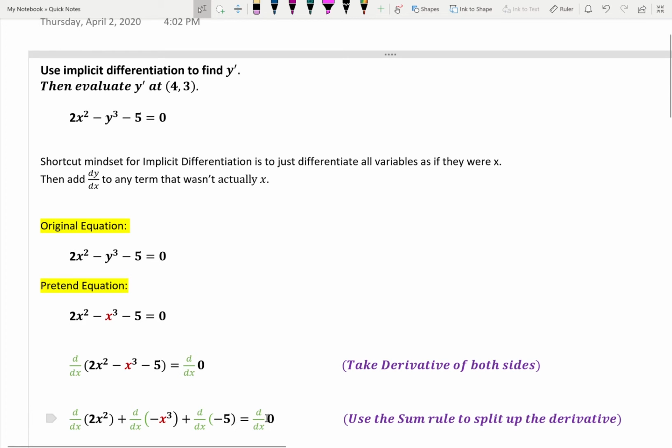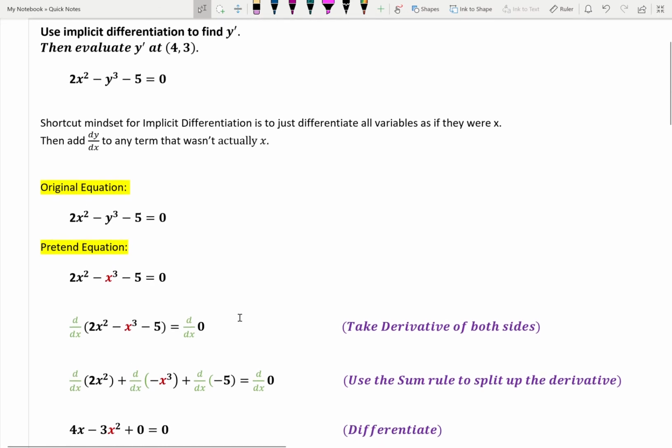The slope of a constant function is 0, so their derivative is 0. These other two we have to use the power rule on. So if we differentiate all these terms, you get 4x minus 3x squared plus 0, that's this constant right here, equaling 0, which is this constant over here.